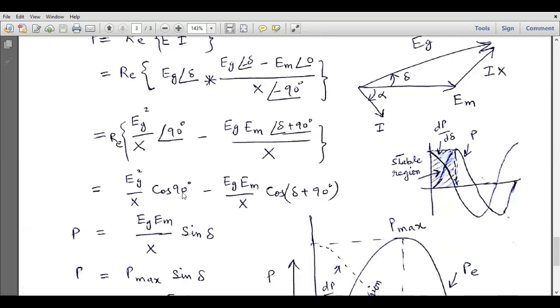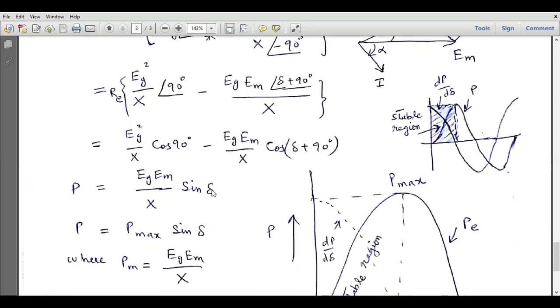So here cos 90 is equal to 0, and cos (delta plus 90) is equal to minus sin delta. So it will be equal to Eg Em over X sin delta. So this is the expression of power as a function of the angle delta, and this is called the power angle equation.